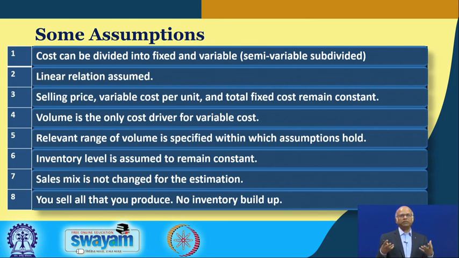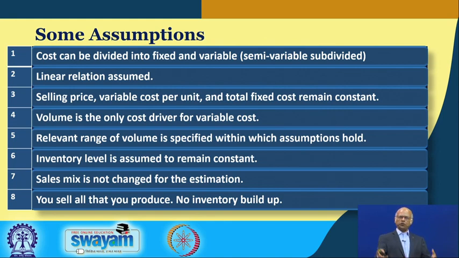So, there are mixed costs. We will talk about that later, but initially we presume that cost can be divided into fixed and variable. They change linearly, like I said that both the sales line or revenue line and total cost line are straight lines, meaning y is equal to mx.